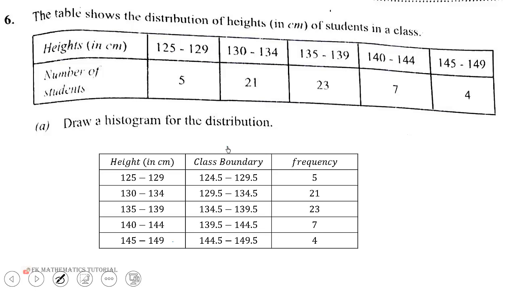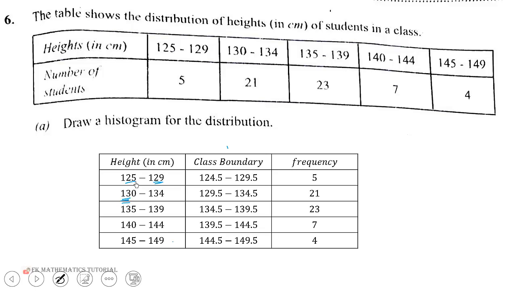So to get a class boundary, you get the difference between two consecutive classes. You can see that this and this have a difference of 1, divided by 2, so that we break that gap. So we add 0.5 to this, and we subtract 0.5 from this, so that they'll have a common boundary. That is what we do for all of them.